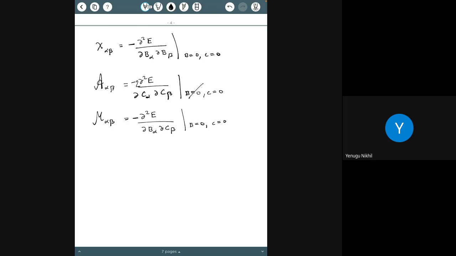Since they are second derivatives, you can also express them as first derivatives of the induced anapole moments, for example. So then you can write this A as the derivative with respect to C of A alpha, which I'll write with a prime.